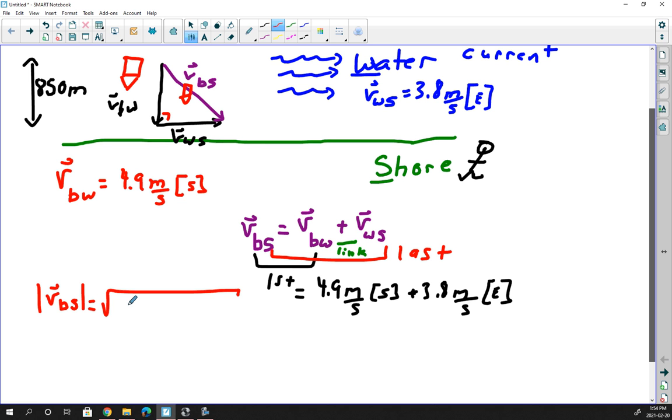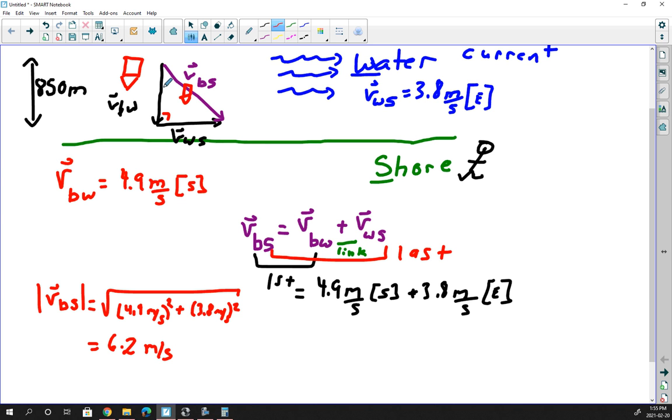So that would be 4.9 meters per second squared plus 3.8 meters per second squared. You add those squares, then you find the square root of that addition, and you get your answer. So this gives us 6.2 meters per second. That's just the magnitude of that.